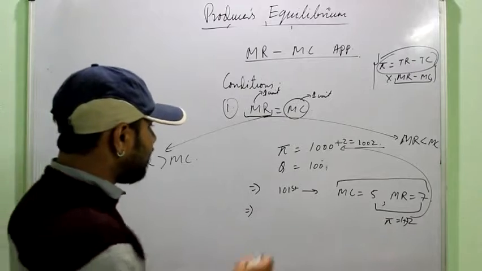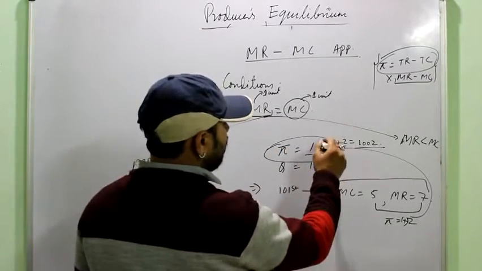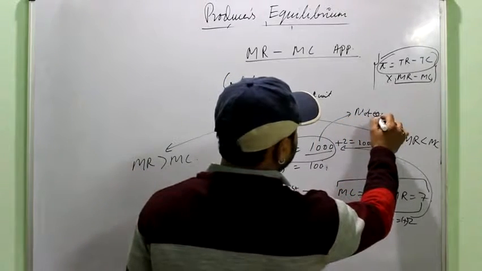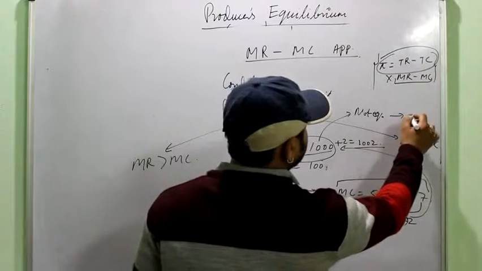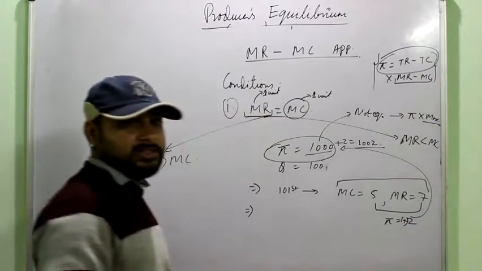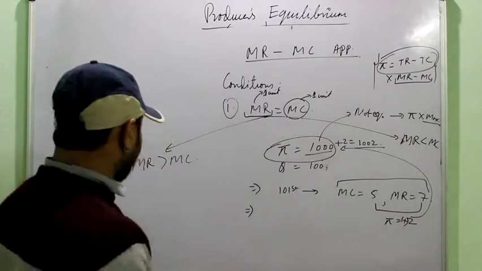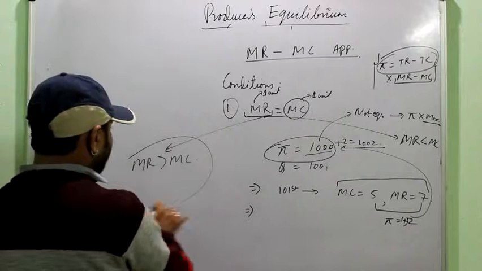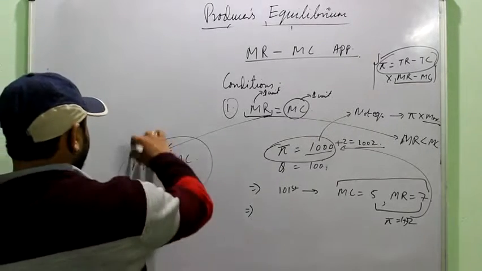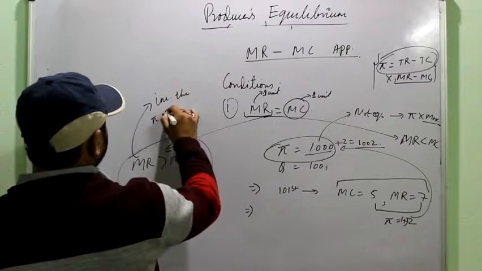1002. It means that when he was earning a profit of 1000, he was not in his equilibrium. Why not in equilibrium? Because the profit was not maximum. There was a chance of increasing the profit by making this particular unit. So simply we can prove that for any unit where MR is more than MC, all such units will increase the profit of the producer.